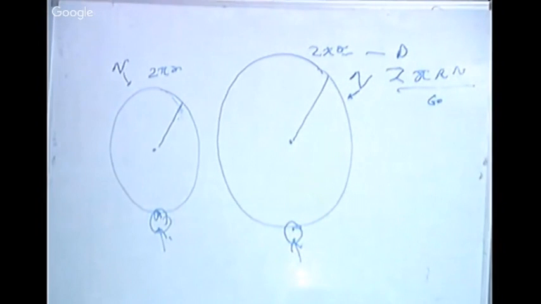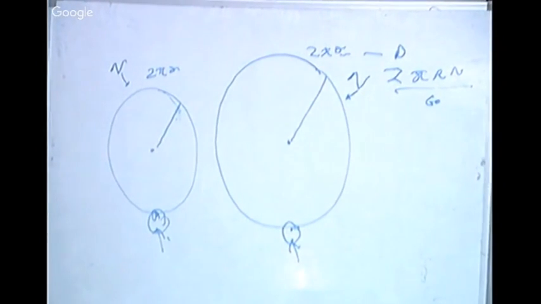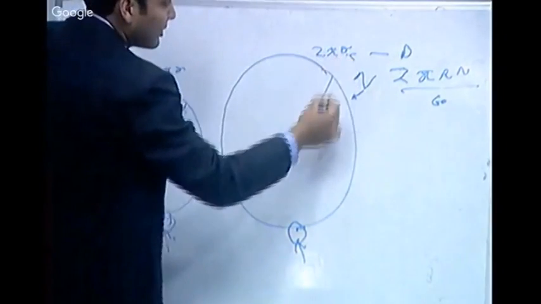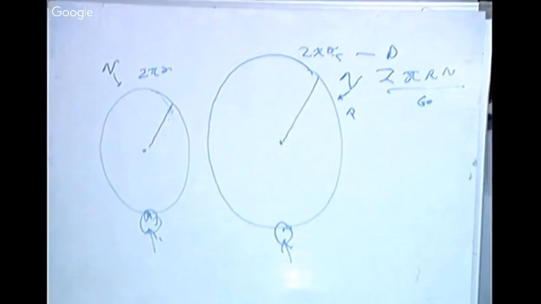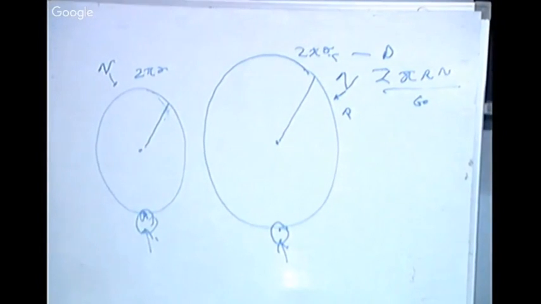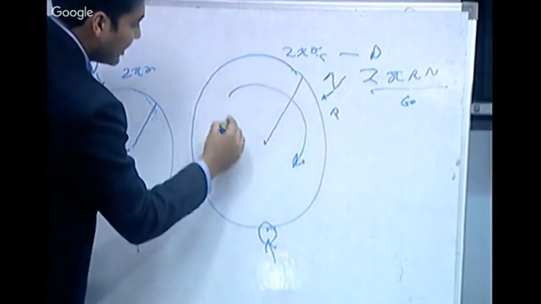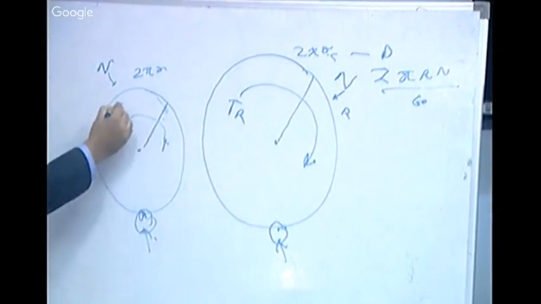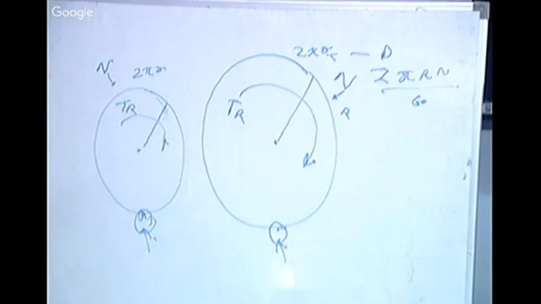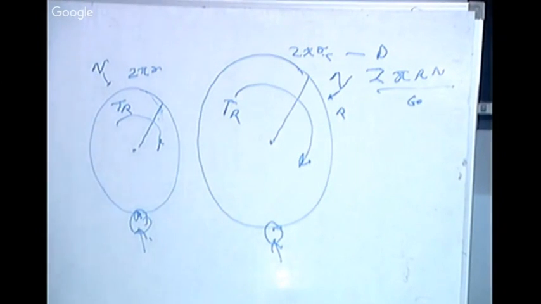It will cover more distance, so its speed will increase. But due to R, the torque reduces. Suppose this is delivering TR. The value of torque given by the engine for both wheels is the same.